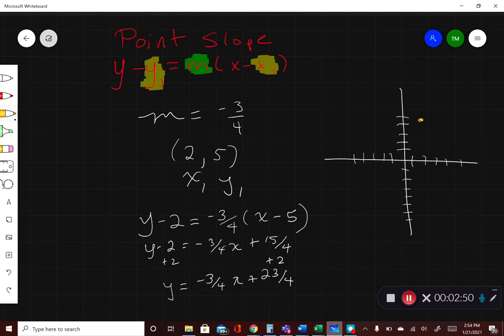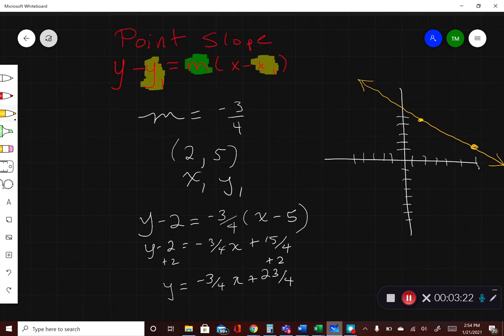And then we're going to apply the slope, which is going to have us rise -3 and run 4. So we're going to go down 3 and over 4 from that point, which is going to put us out here at the 6, which I don't even have marked off, but I can add that hash on there. And then we have our 2 points that define the line, and that is our line. So that's graphing using the point and the slope, given that information.